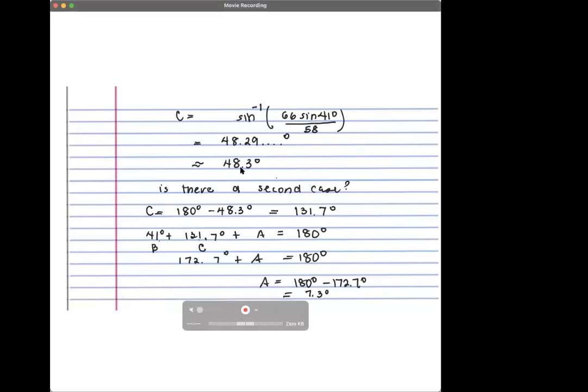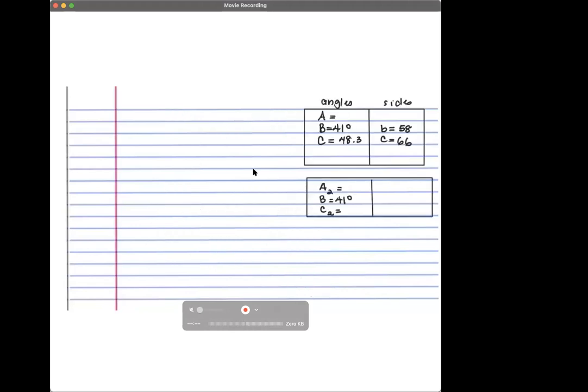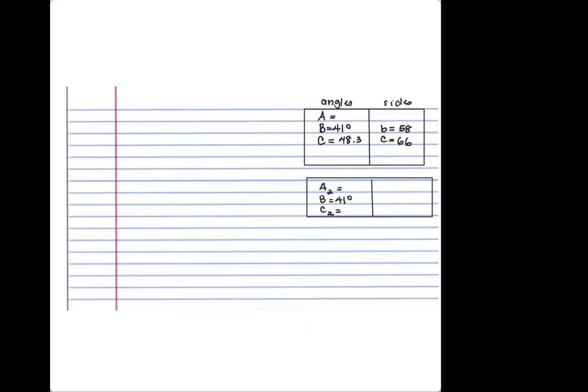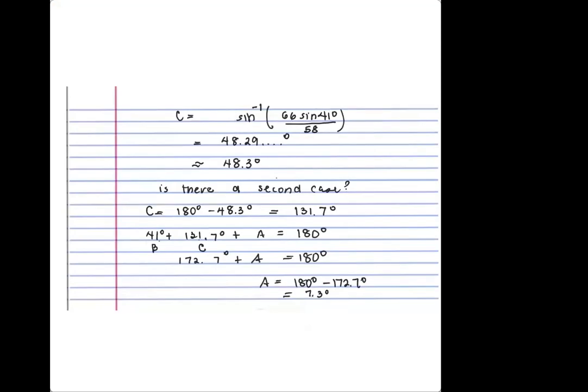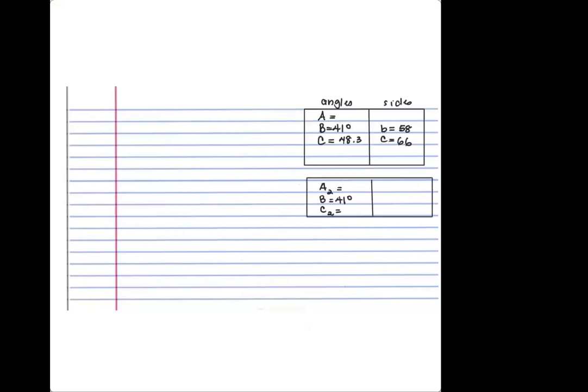So here's the first case for C, 48.3. This will be the second case. And we know it's a second case if, when we add all 3 angles, the 41, the new possible angle, and A, they are less than 180. Then I know we're good to go. If this happened to be bigger than 180, then it would be only one case, the 48.3. I forgot the value that fast: 131.7.